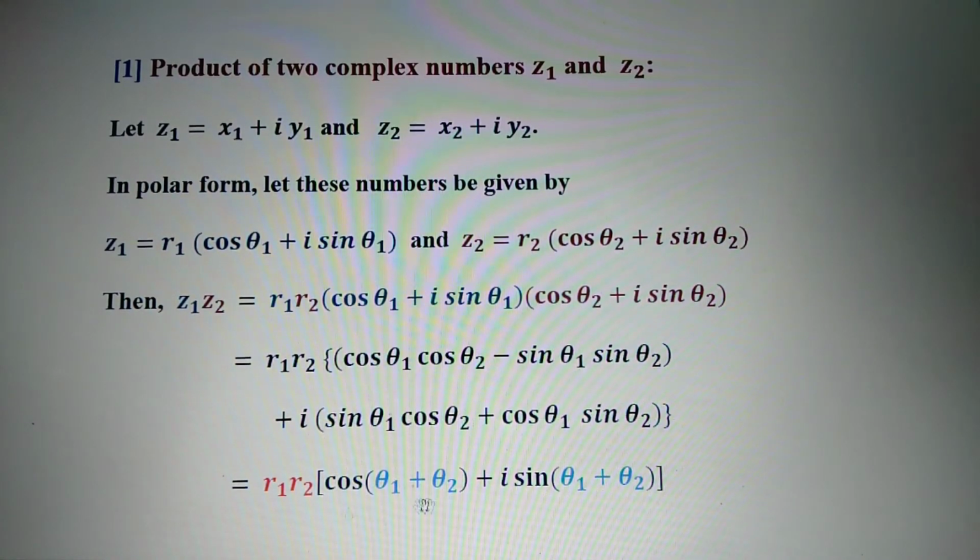So whenever the complex number is written as r into cos theta plus i sin theta, r is the modulus and theta is its amplitude. So here r1 into r2 is the modulus, and theta 1 plus theta 2 is the amplitude of the complex number z1 into z2.